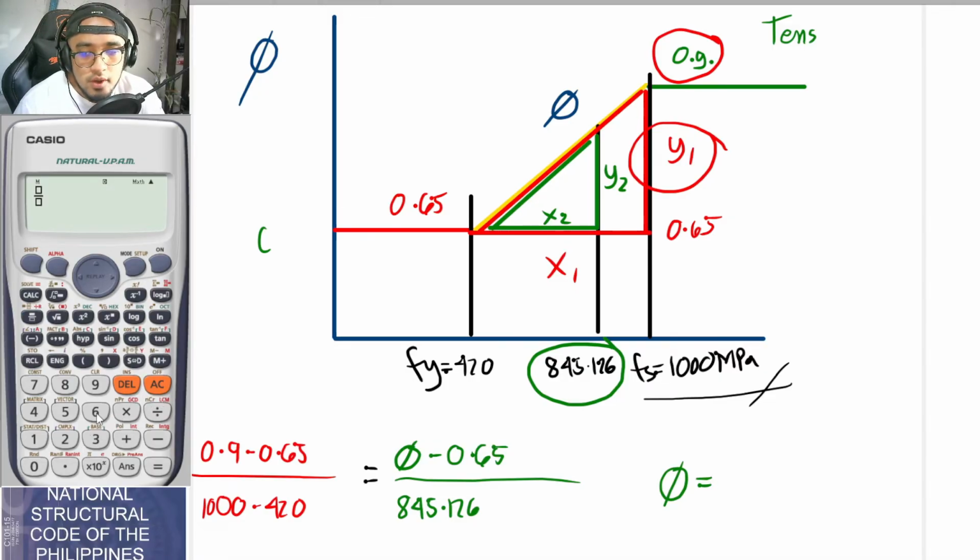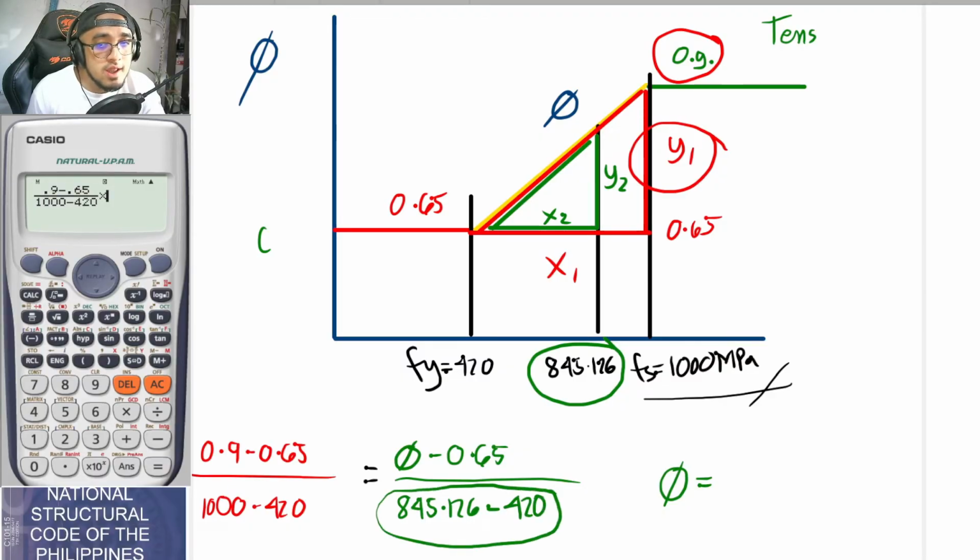so this is now to be equal to 0.9. So 0.9 minus 0.65 divided by 1000 minus 420 times, oops, I'm sorry, there's still a mistake here, 845.126 minus 420. So do not forget about this like I did. I just forgot, but it's a ratio because for the value for your X2, that is to be 845.126 minus 420.